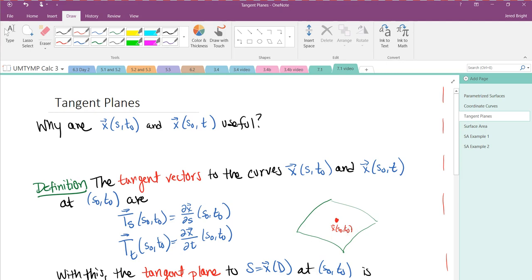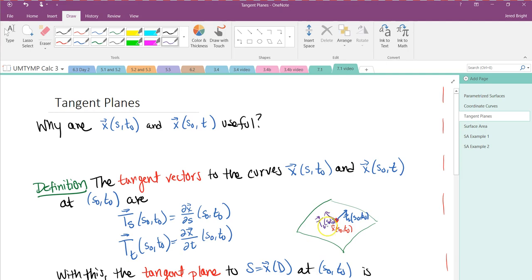We're going to look at tangent vectors in this direction, which might be T of s at s naught, t naught, and then similarly in the other direction, T of t at s naught, t naught.